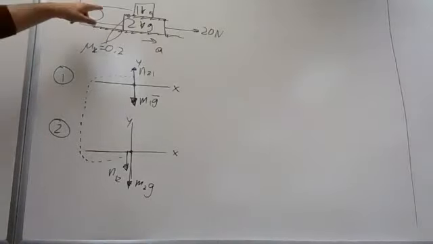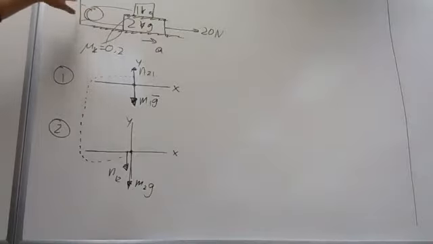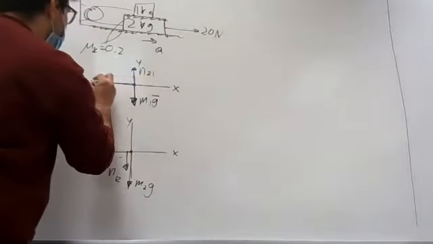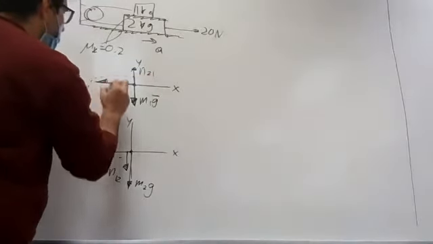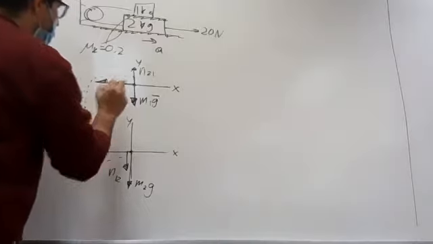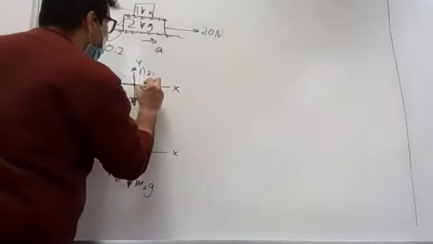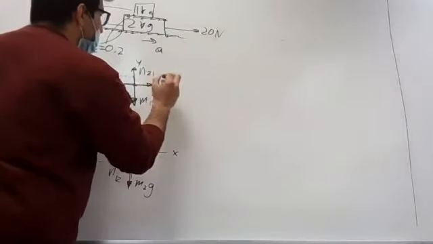And then the next, so what else is happening in the x-axis for 1? We've got tension to the left. Looks like it's probably bigger. Yeah, it's a big tension to the left. And then that's going to leave a friction to the right. But again, who's doing the frictioning?